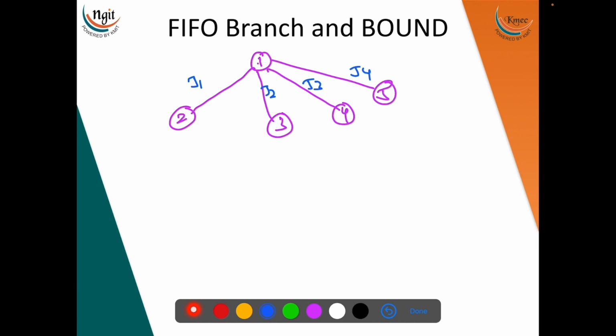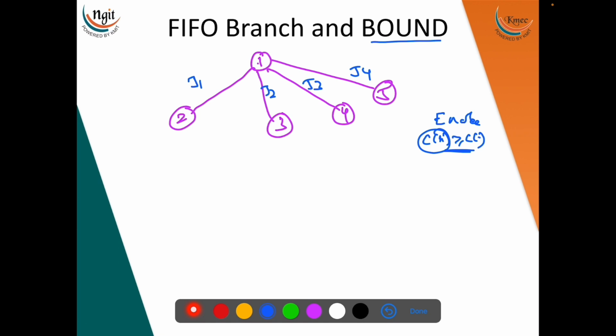Now, which node do I have to explore? This is the biggest question in branch and bound. So branch and bound says that you can make E nodes, and you'll use the bound function when C of X is greater than or equal to the cost function. If it is greater, then we'll kill this node and go to the other node. So now it is J1.